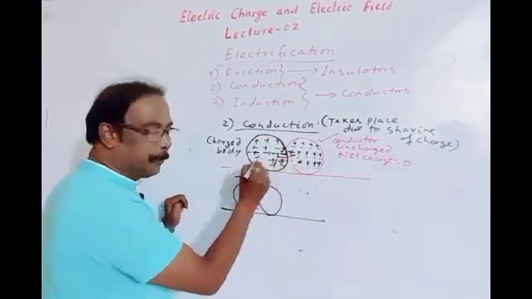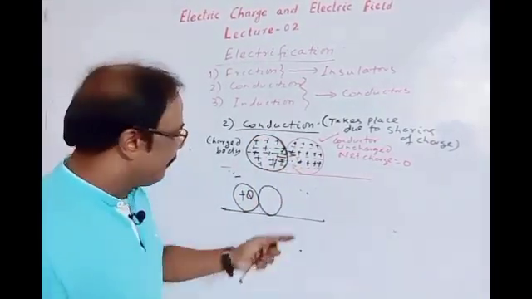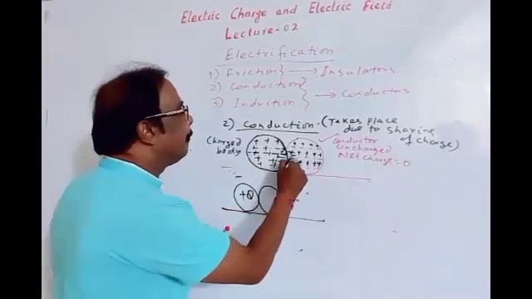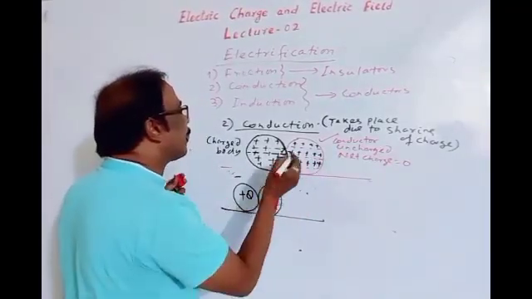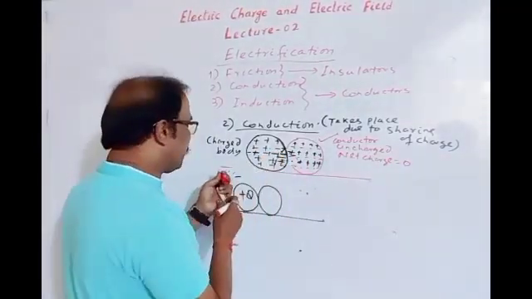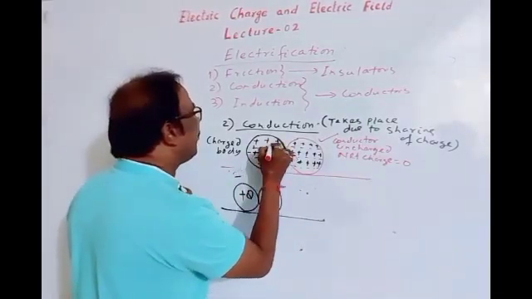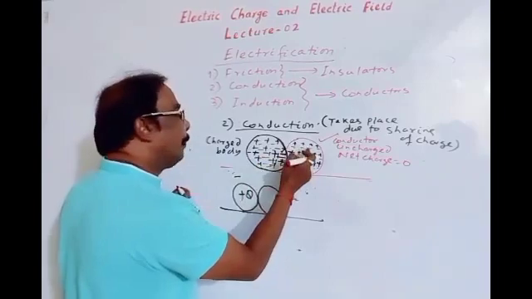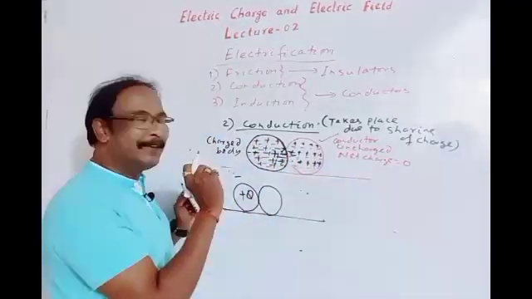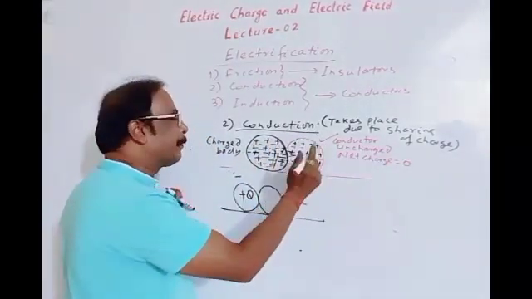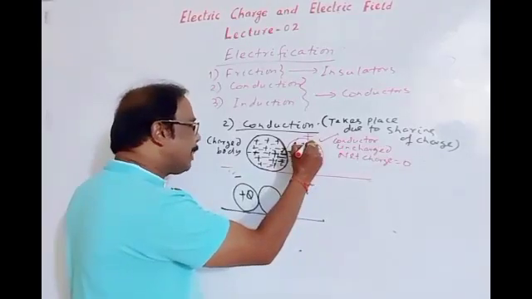So these electrons will move from this body to this body. Due to deficiency of electrons, this body will become positively charged.